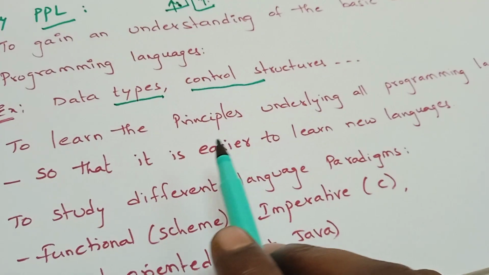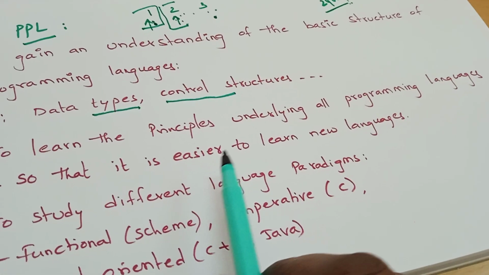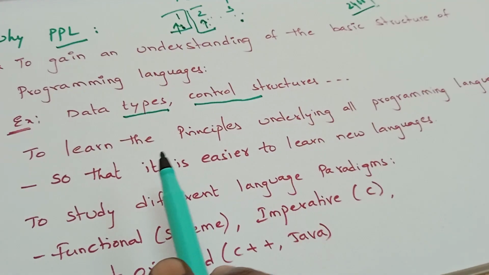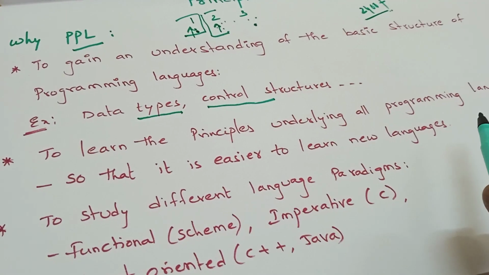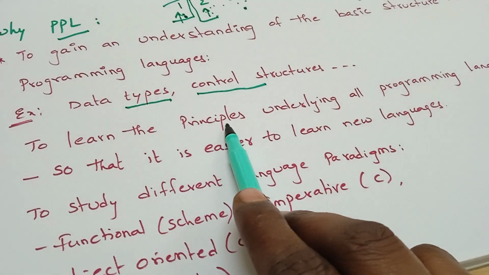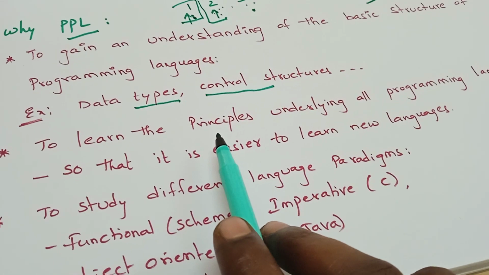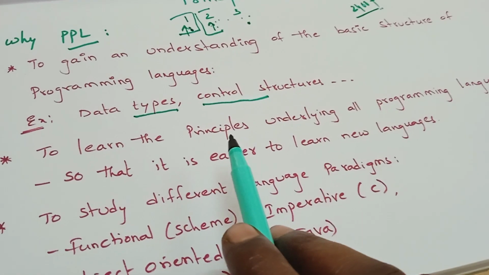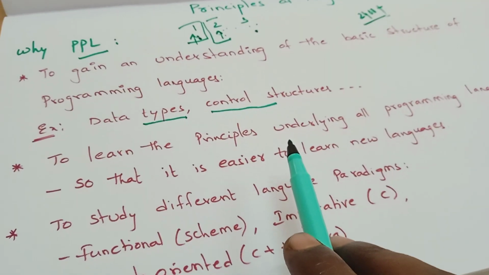And the second reason: to learn the principles underlying all programming languages. If I know different programming languages and learn the different principles underlying them, it is very easy for me to learn a new language. Correct?